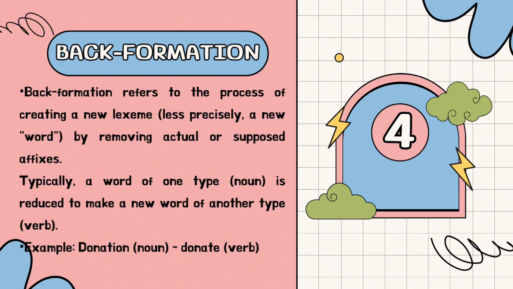For example, the word donation is a noun. And then if we want to make it into the other form, which is verb, then we just eliminate the affix ion. So we just use the word donate as a verb. Can you find the other examples, students?